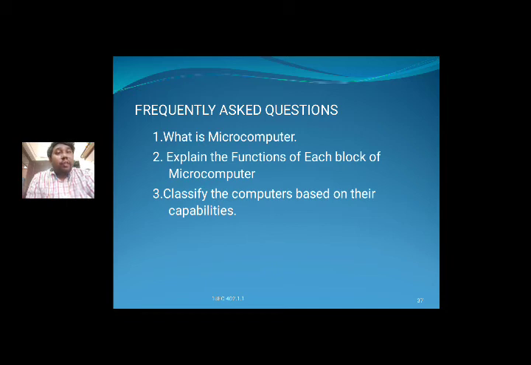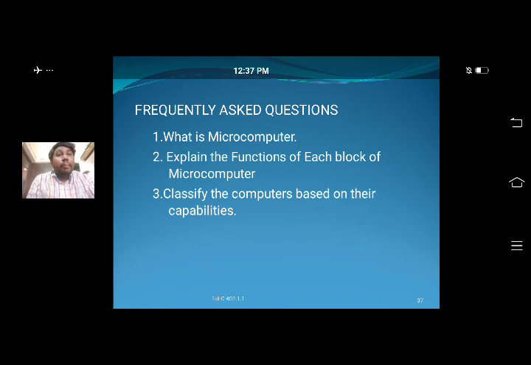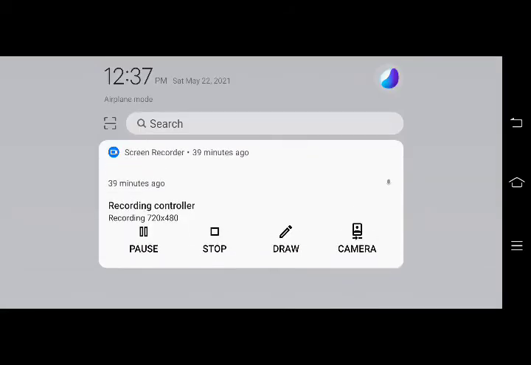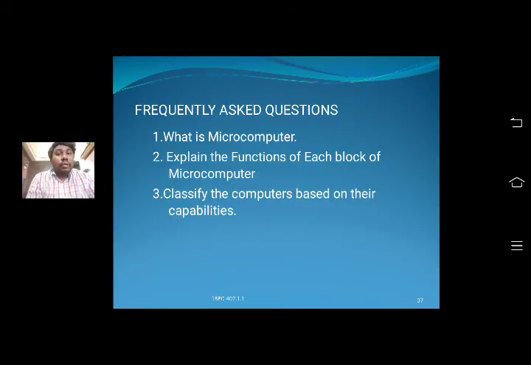They ask what is microcomputer, and explain the functions of each block of the microcomputer. And the third repeated question is, classify the computers based on their capabilities.